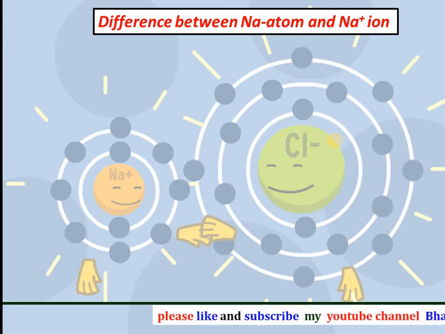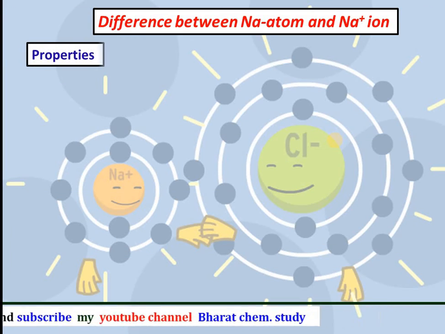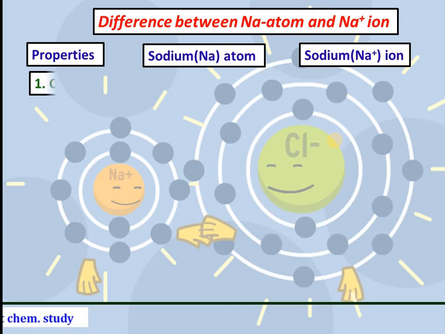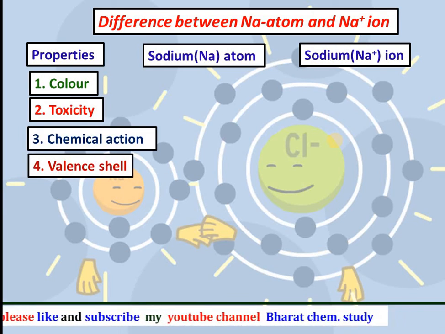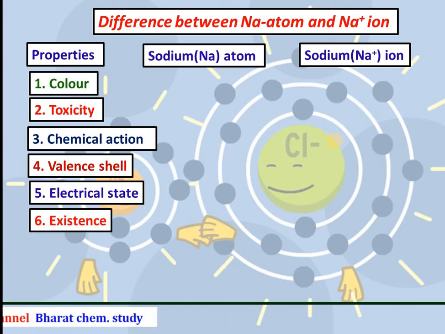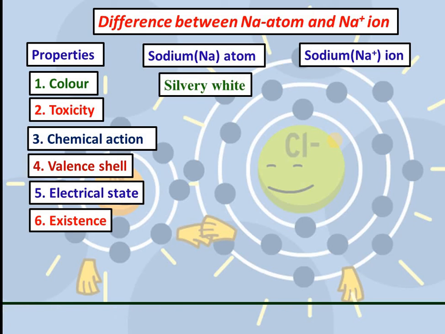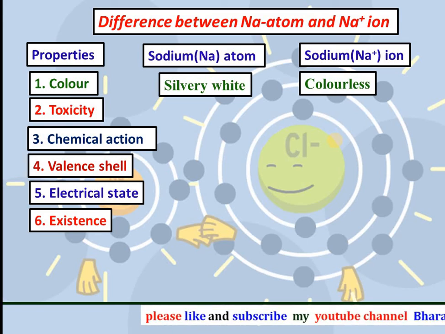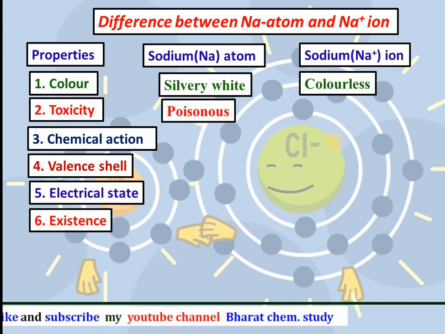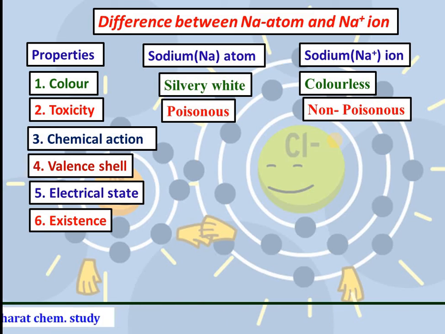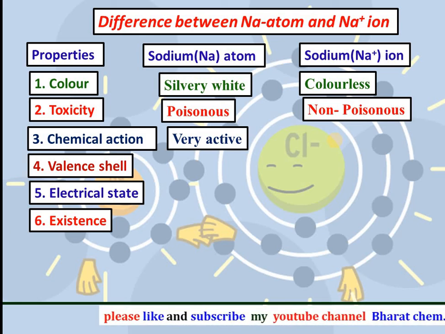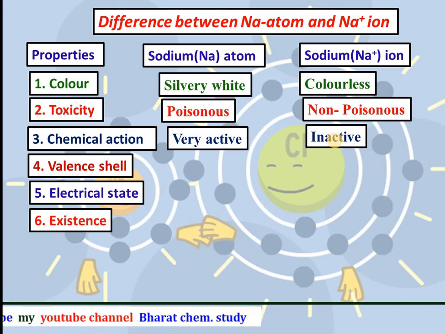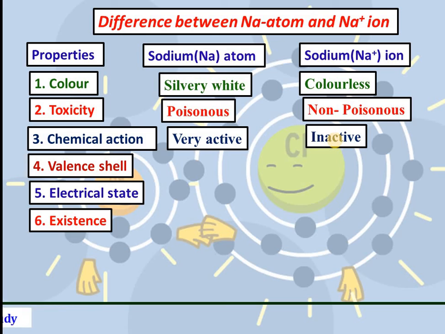Now, difference between sodium atom and sodium ion. So properties: first, color, and second, toxicity, chemical action, valence shell, electrical state, and existence. First color, the sodium atom is silvery white but the sodium ion is colorless. Toxicity, sodium atom is poisonous but sodium ion is non-poisonous. Chemical action, sodium atom is very active because it has to attain noble gas configuration, but sodium ion is inactive because after losing one electron it becomes stable.